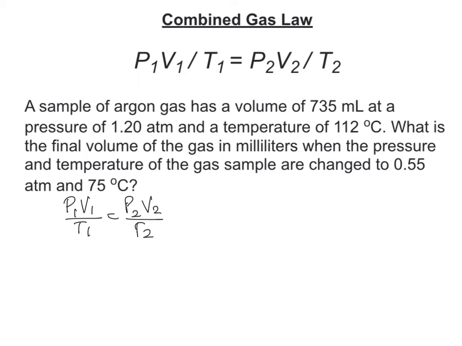But when it comes to volume, we can substitute the number in milliliters or liters. So in this example, the starting volume as well as the final volume are given in milliliters. We're gonna stick to milliliters in the calculation.